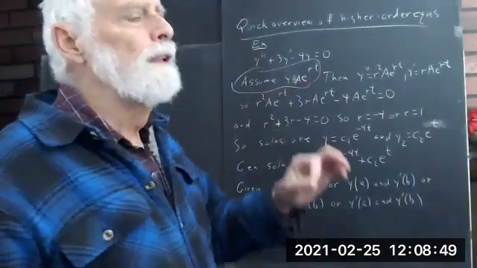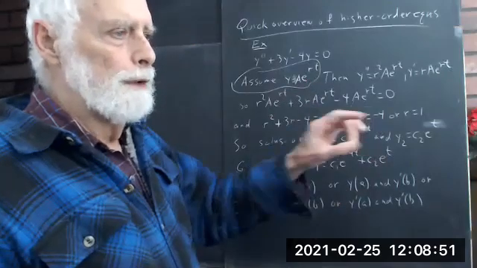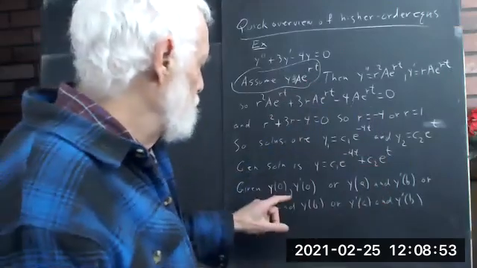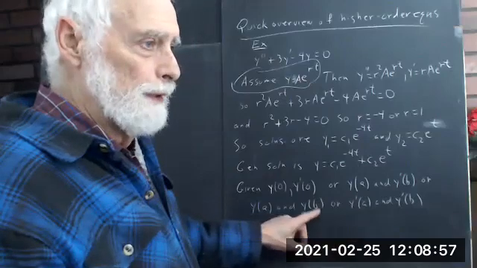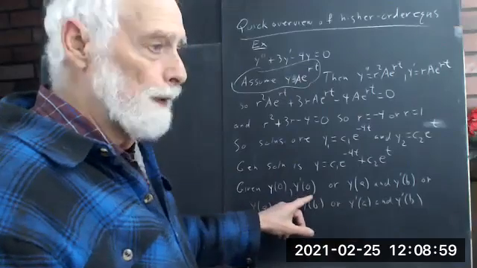A value or a derivative at one point, a value or a derivative at another point, like y of a and y of b. It doesn't have to be y of 0 and y prime of 0.